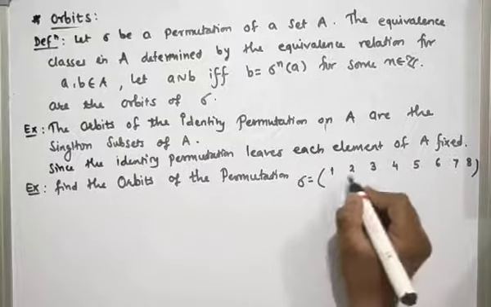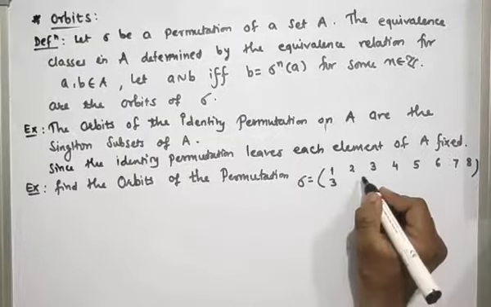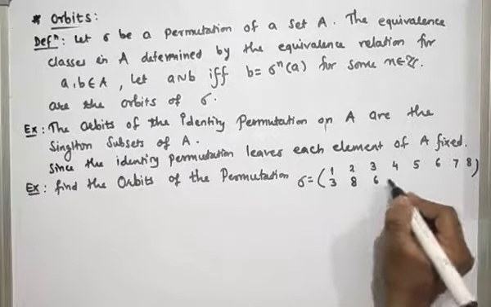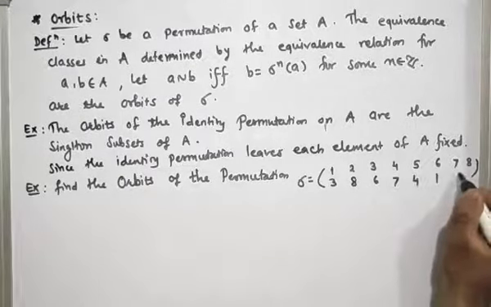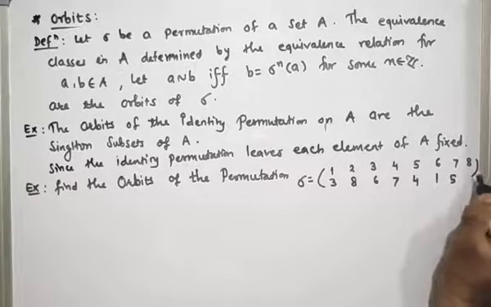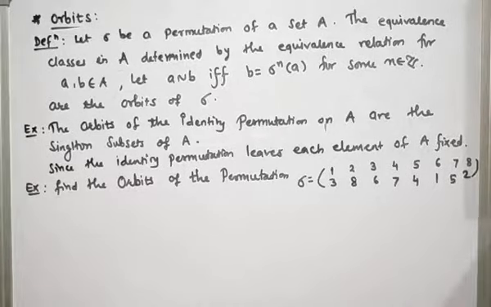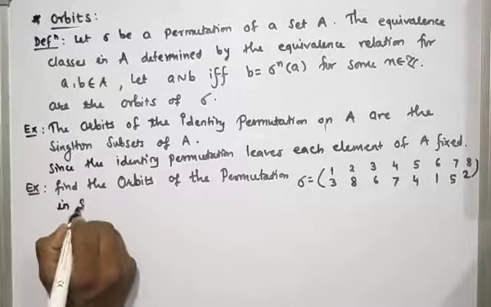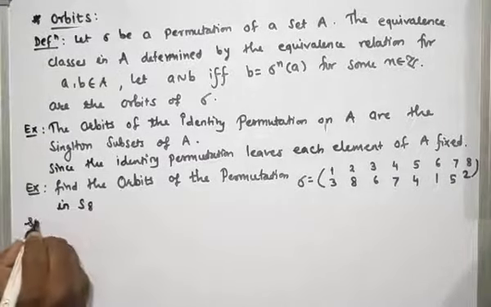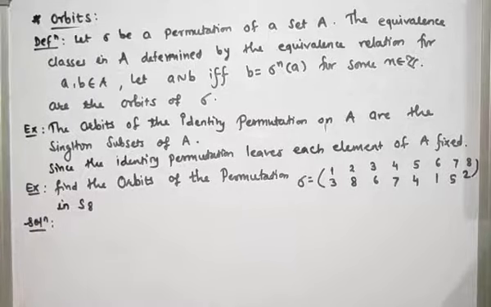Here 1 goes to 3, 2 goes to 8, 3 goes to 6, 4 goes to 7, 5 goes to 4, 6 goes to 1, 7 goes to 5 and 8 goes to 2. So total 8 symbols, which is in S8. So let us find the orbits of the permutation sigma.